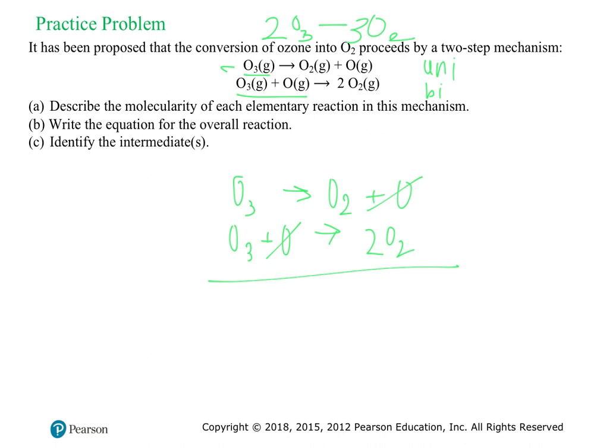Then we have our 2 ozones here, so we add them up. None on the other side. And then an oxygen here and 2 oxygens here, so that would go to 3 oxygens. And that is consistent with the reaction we know. Now identify the intermediates. Intermediates are the ones that show up on both sides and cancel out. So our intermediate is going to be oxygen atom gas.